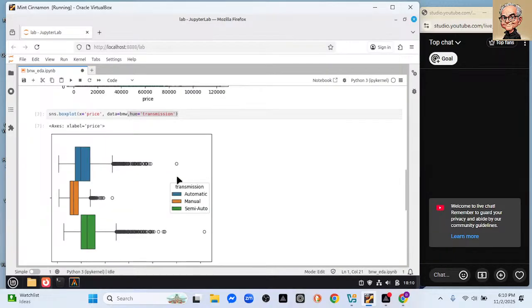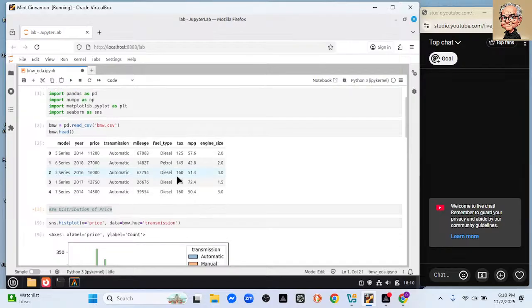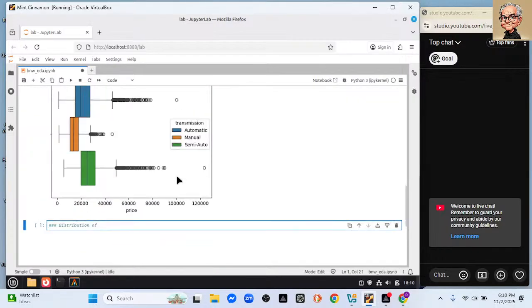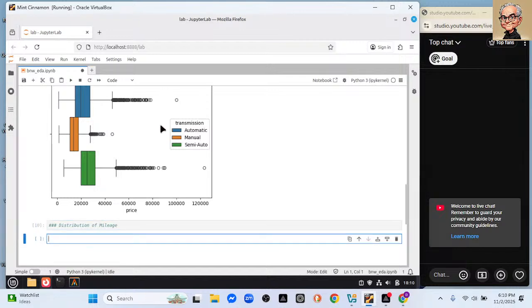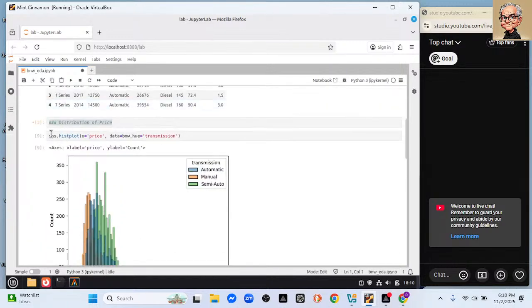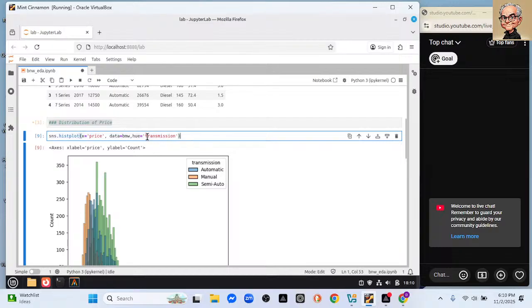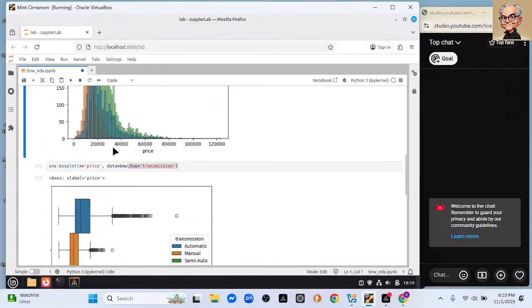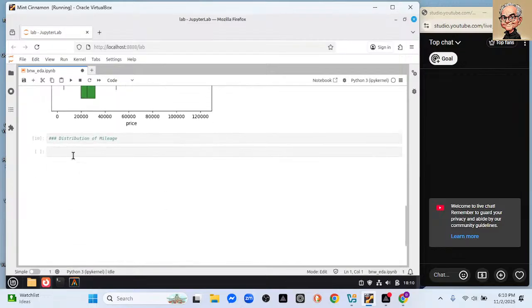Now it says mileage, but is it mileage or is it actually kilometers? M-I-L-E-A-G-E. Well, maybe, okay.